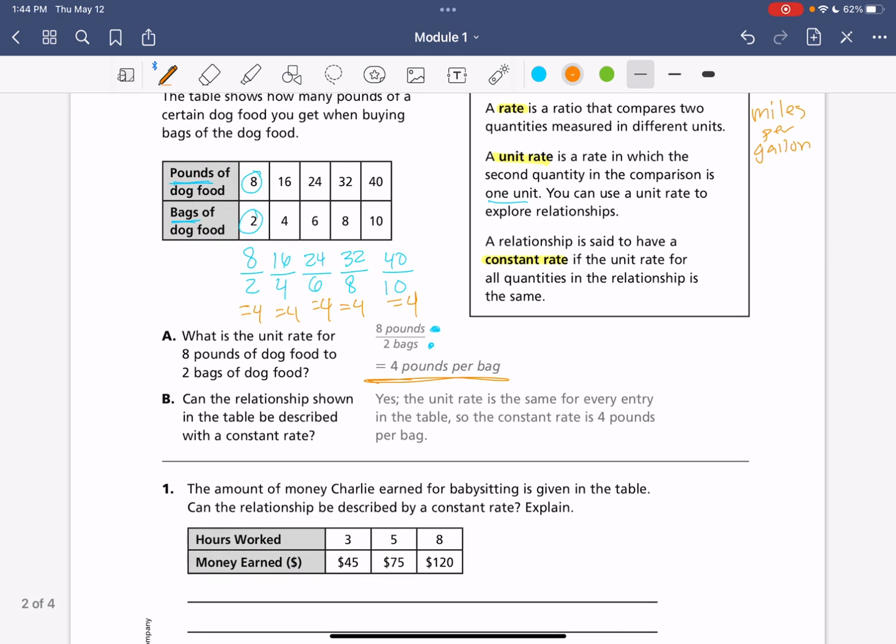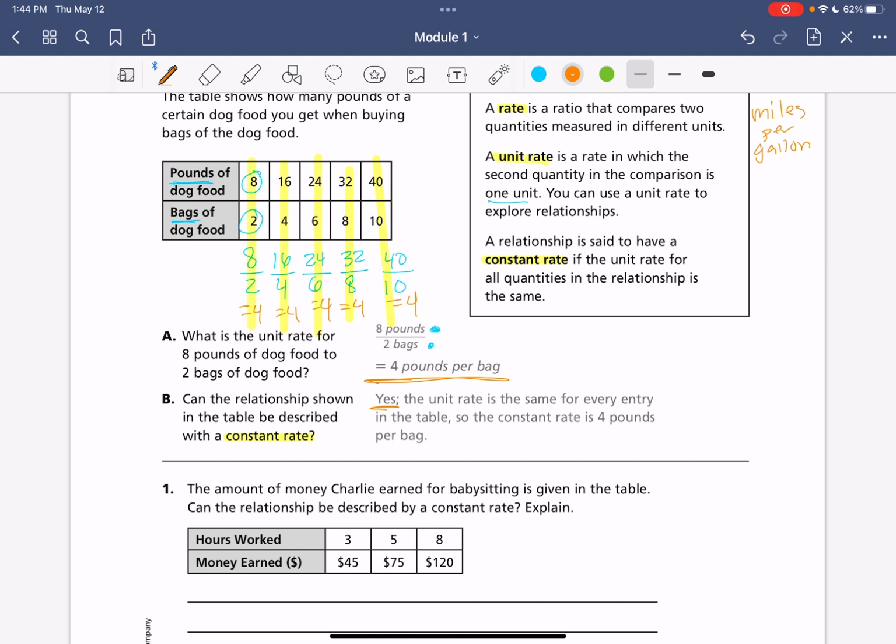Because each one of these ends up equaling 4, that means it has that constant rate that we talked about in our vocabulary. So yes, the unit rate is the same for every entry in the table. So the constant rate is 4 pounds per bag.